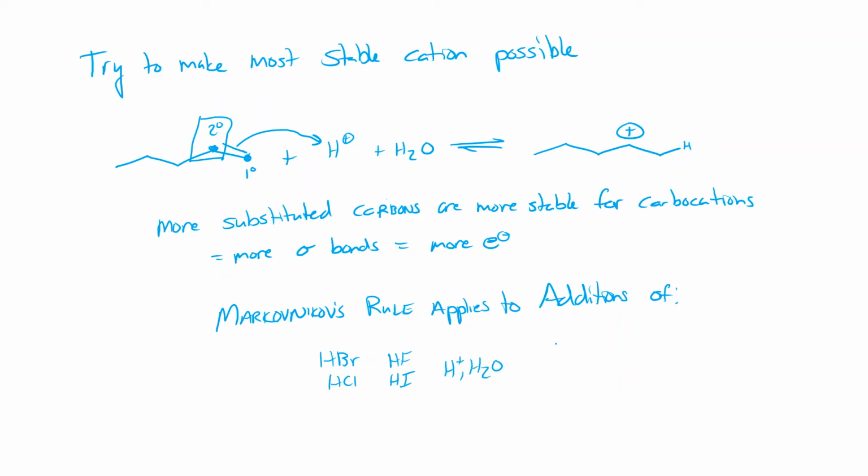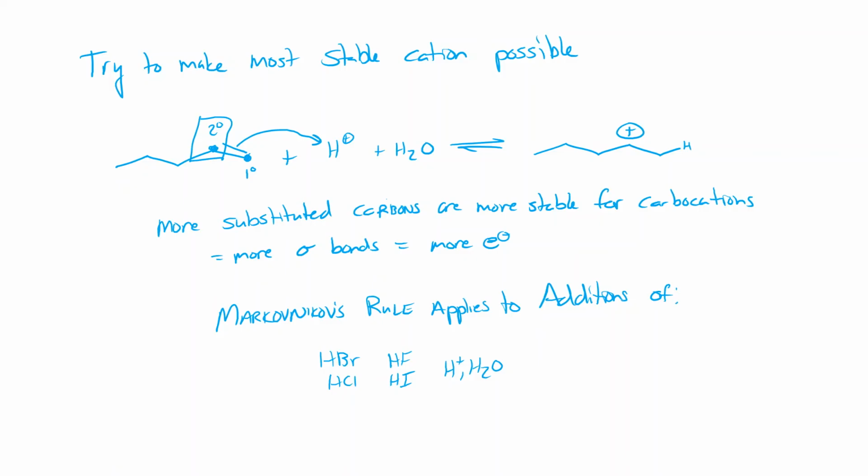So remember, anytime we see sulfuric acid or anything like that, we cross out sulfuric acid and write H plus, and that'll do it. Any of these reactions will create a carbocation, and that carbocation will always be created at the more substituted position, and then our conjugate base comes in and reacts with that carbocation in the way that we talked about in the previous video. So carbocation stability is all based on substitution.